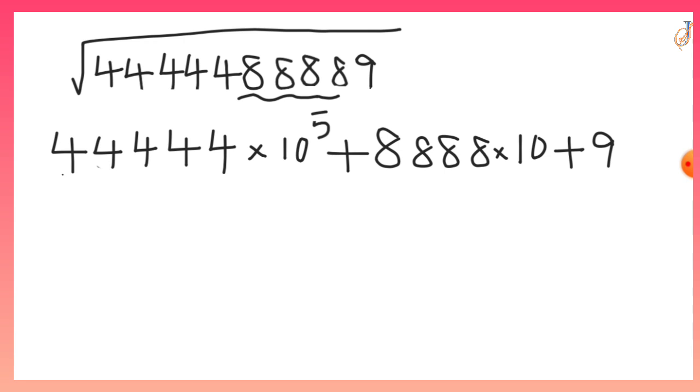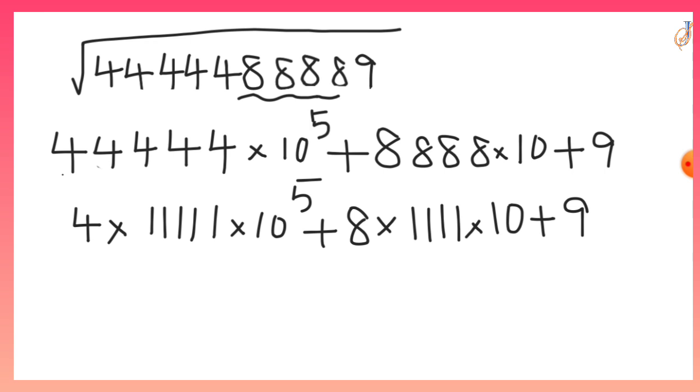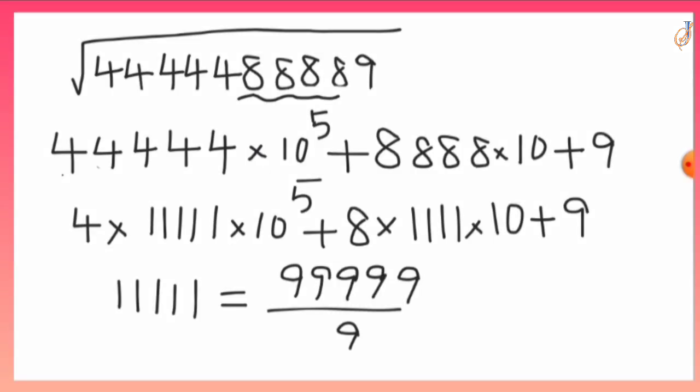Now 5 fours we can write as 4 times 5 ones times 10 power 5. Similarly here 4 8s we can write as 8 times 4 ones times 10 plus 9. Now observe this 5 ones we can express as 5 nines divided by 9.